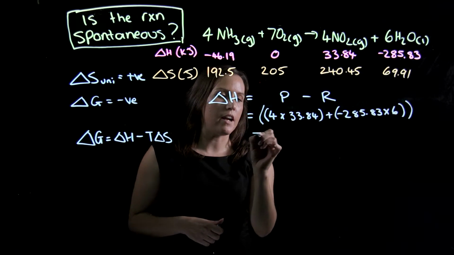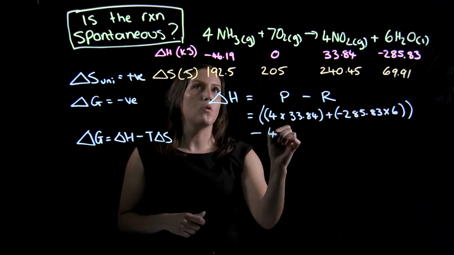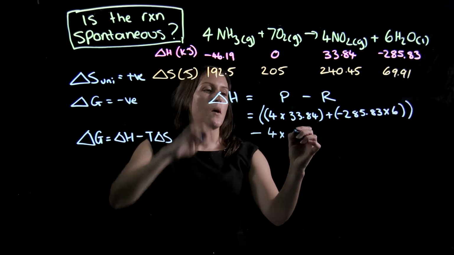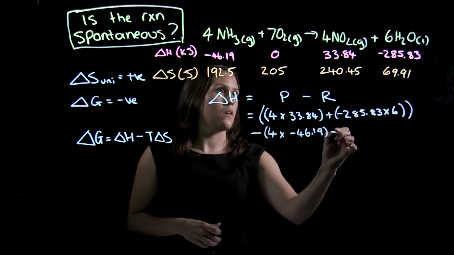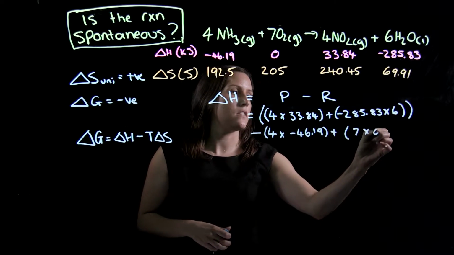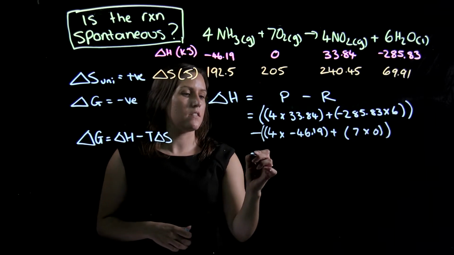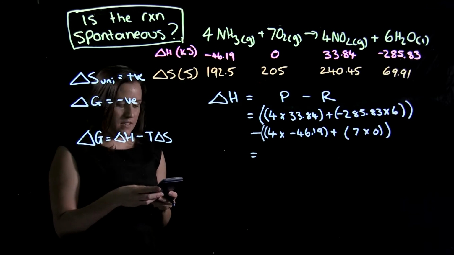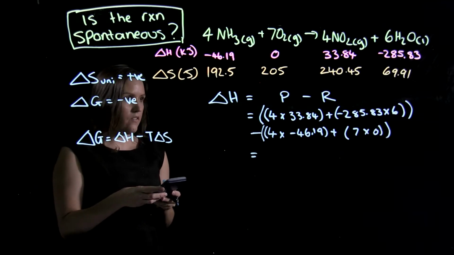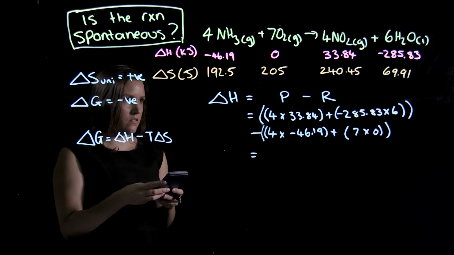Now I'll write our reactants down the bottom, so this is split over 2 lines. We've got 4 times minus 46.19 plus 7 times 0. So that's our products minus our reactants. If I put that together, I've got to do that in separate sections.